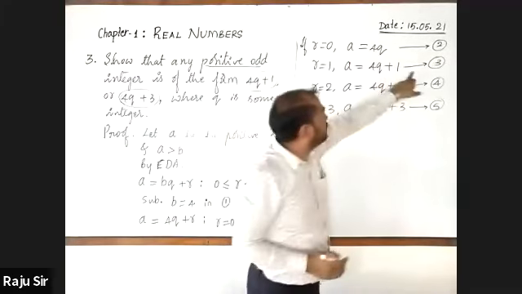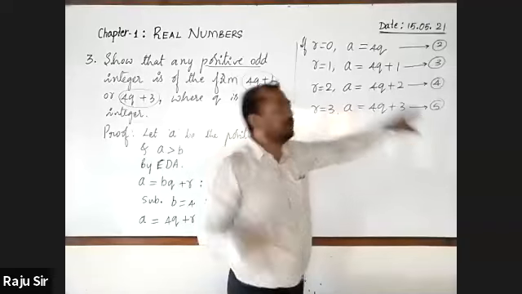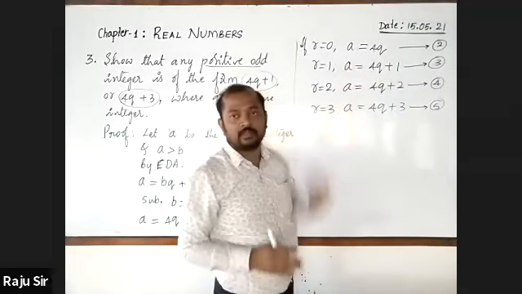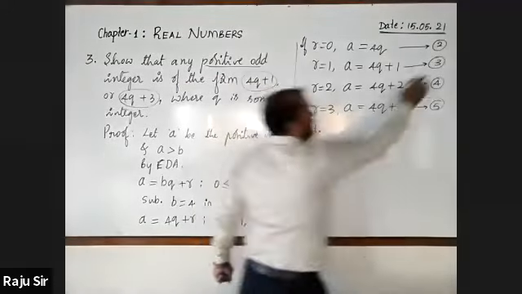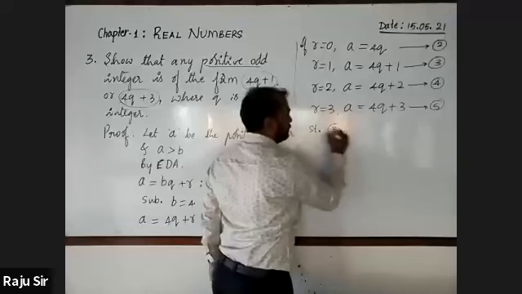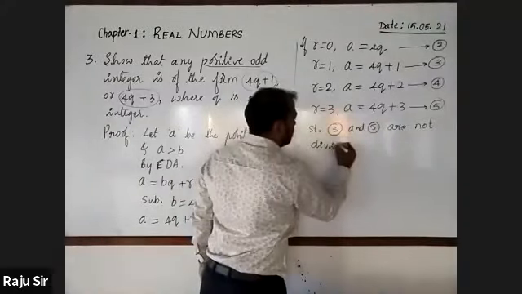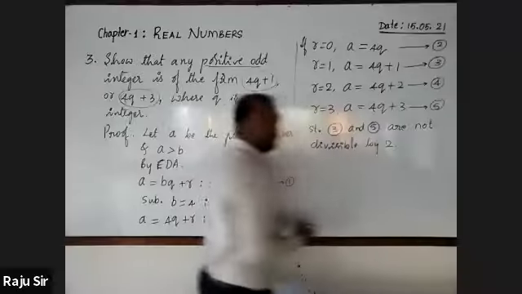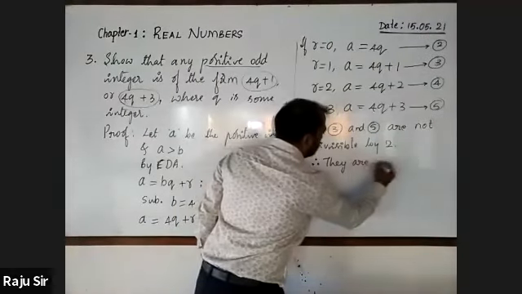Whereas statements 3 and 5 are not divisible by 2, therefore they are odd.